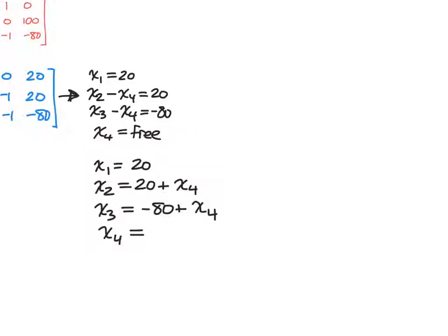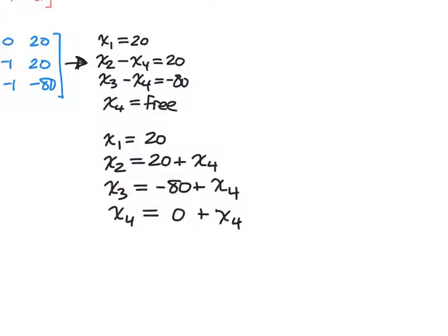All right, and actually, let me make a slight adjustment here. Let me make that 0 plus x4. My pen just turned off. It's running out of battery, that's why. And so while I'm at it, x1 is just a solid numerical value. x1 is equal to 20, but I could still write it as x1 equals 20 plus 0 x4.